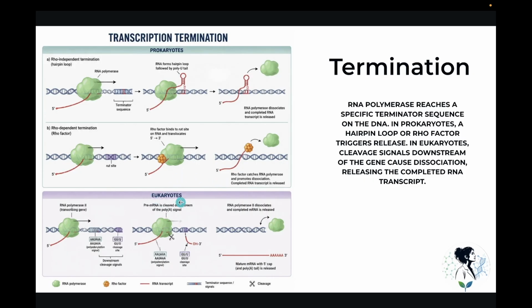Now in case of eukaryotes, as the RNA polymerase moves, RNA is being synthesized, and at a point it identifies the polyadenylation site in RNA, which signals the cleavage of pre-mRNA to form the mature RNA and release of RNA polymerase II.